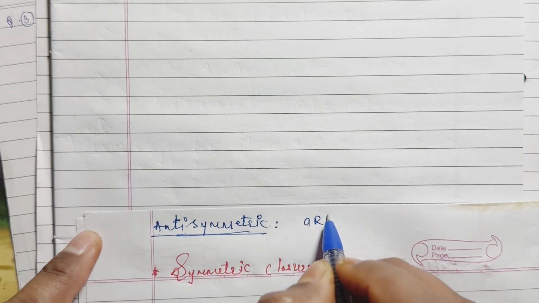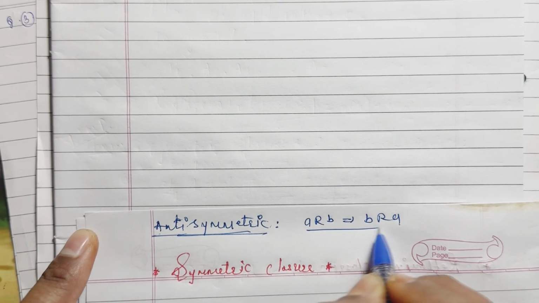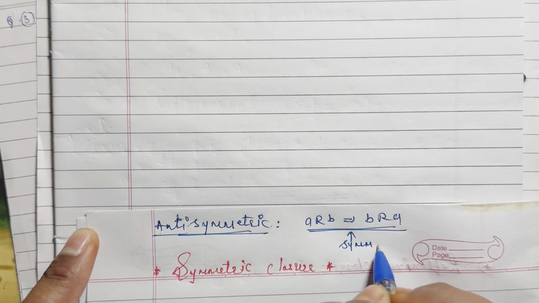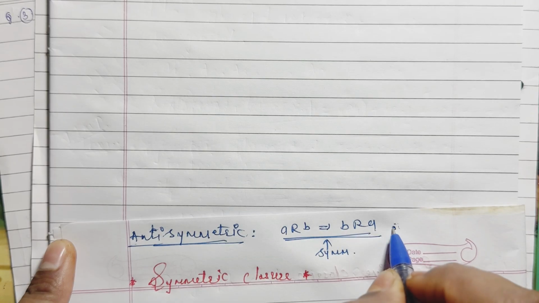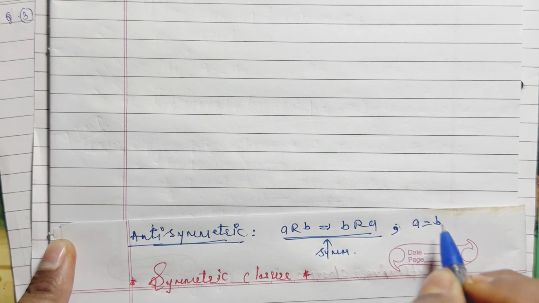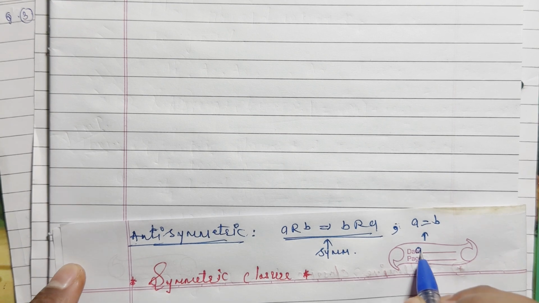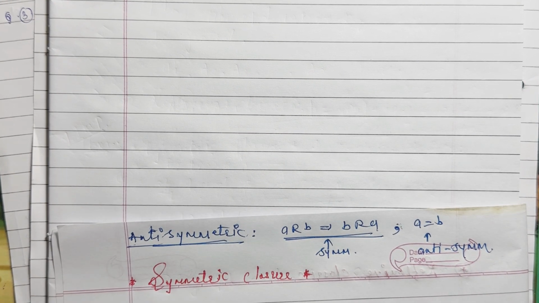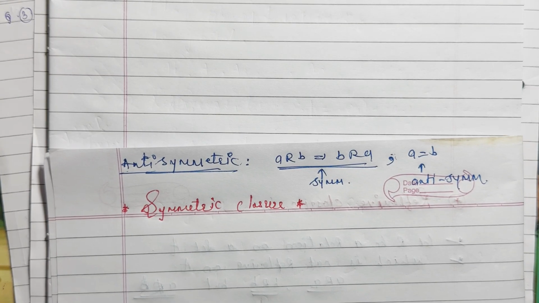When A is related to B, this implies B is related to A, so then we call it symmetric. But anti-symmetric says that we have to add one more condition: A and B should be equal. This is the actual meaning of anti-symmetric.